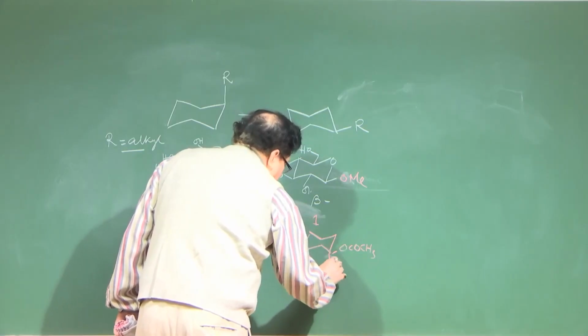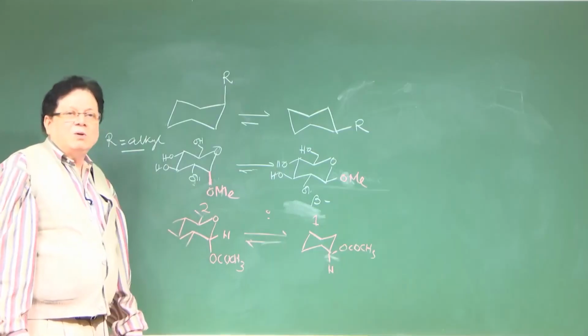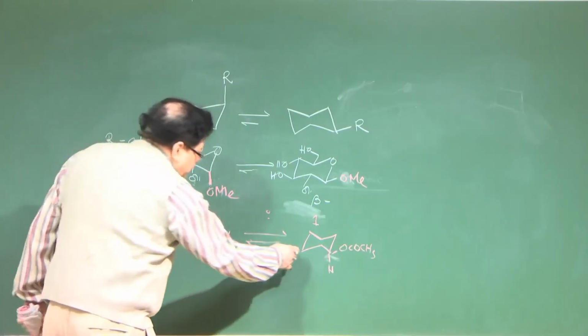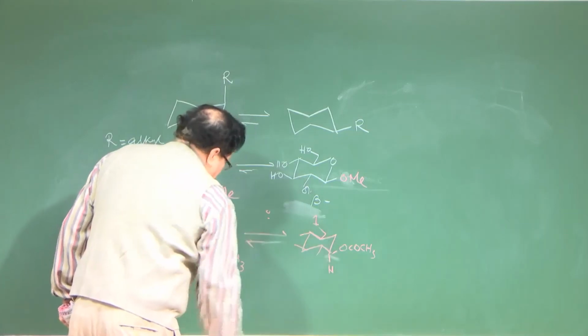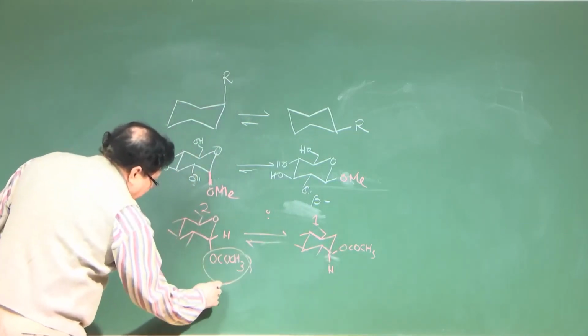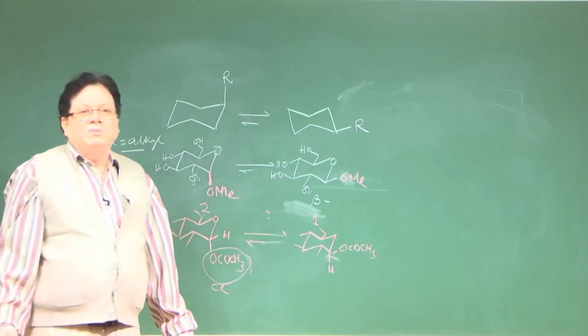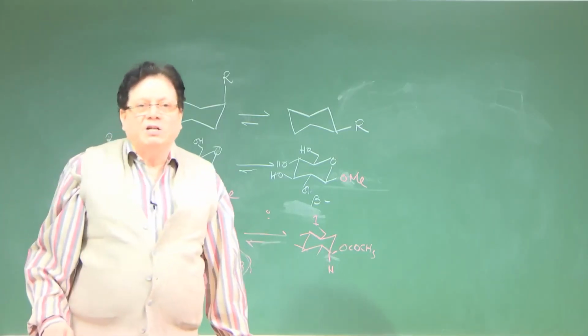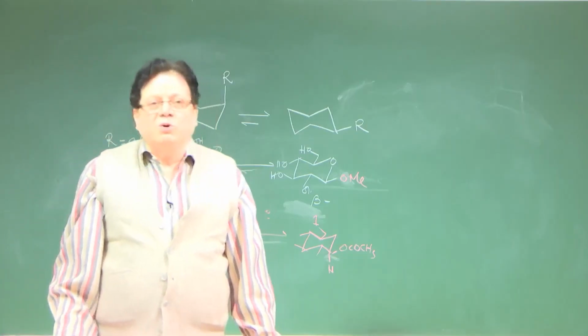That means the percentage of the axial one is even higher than what it was for methoxy. And with Cl here, you have 90% of the axial chloro compound versus 10% of the equatorial chloro compound.